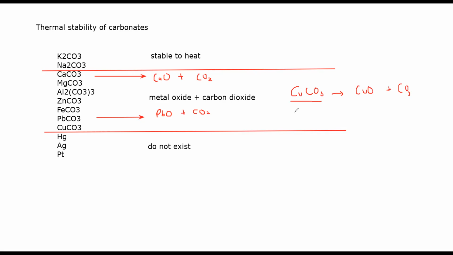The copper carbonate is green in color, and copper oxide is black in color. So the observation: the green copper carbonate turns into a black solid, copper oxide, and it will give a colorless gas which will turn lime water milky. Is it clear? The thermal stability of the carbonates.